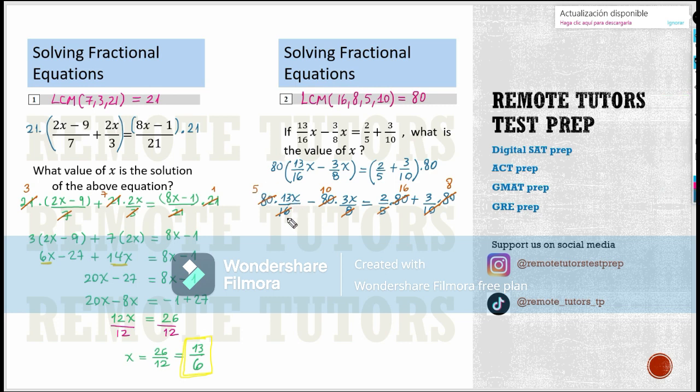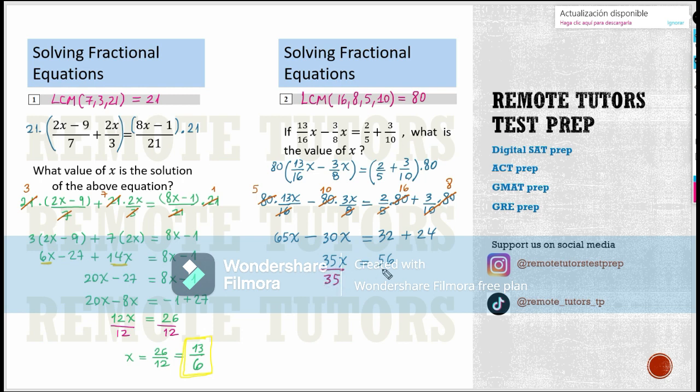Now 5 times 13x is 65x. 10 times 3x gives 30x. On the right, 2 times 16 gives 32 plus 3 times 8 gives 24. 65x minus 30x is 35x, and here we get 56.